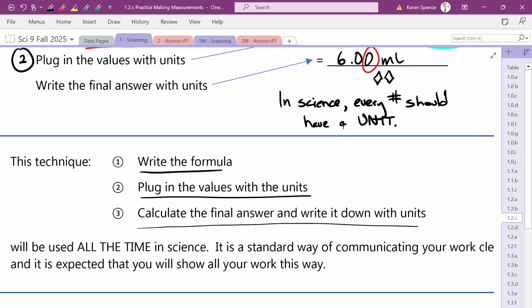Very nice. And hand that in, and I'll listen to the board. I think that's it.